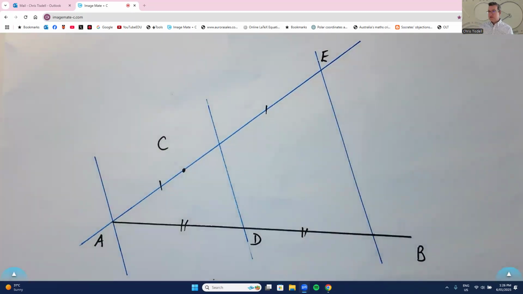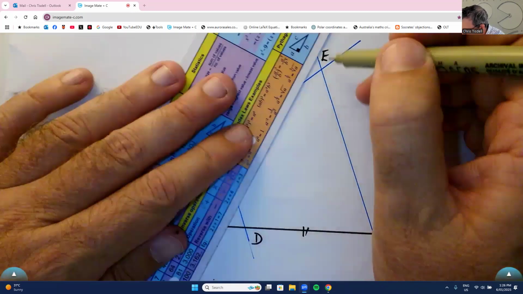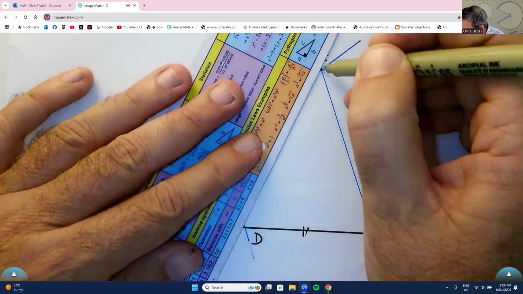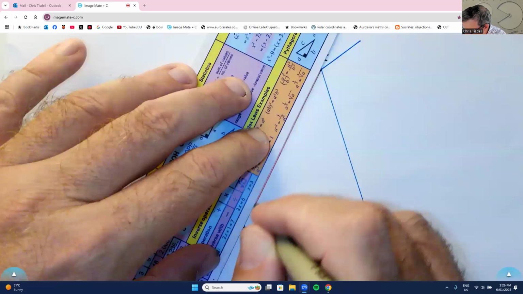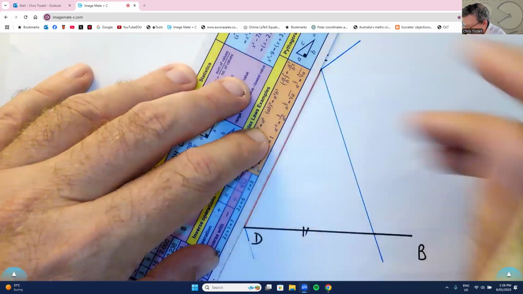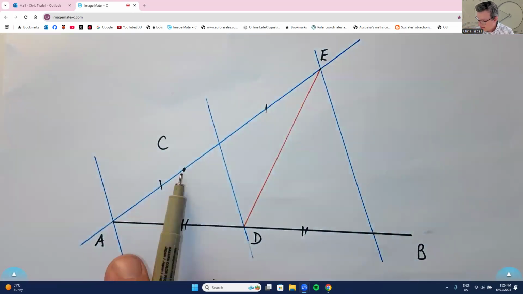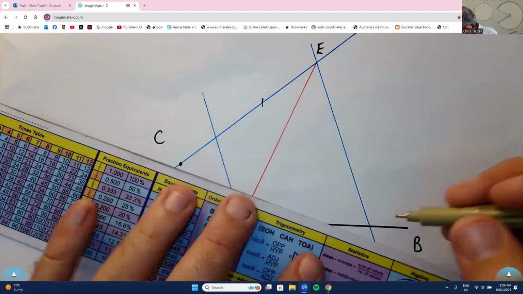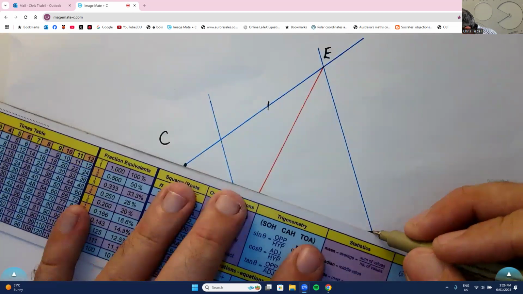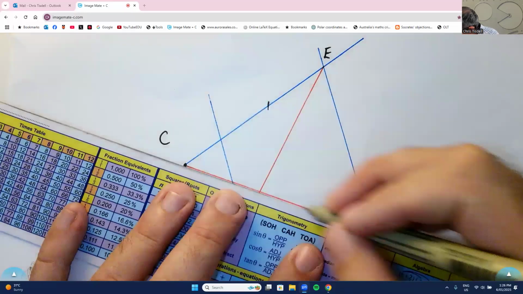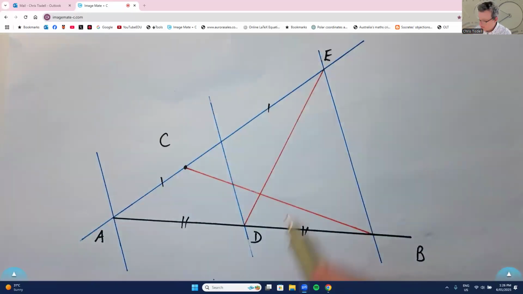All right. So how can we get this parallel line going? Well, one way is to draw a set of line segments called Cevians. So I'm going to connect E with D. I'm going to connect C with B. And lastly, I've got a new point here.